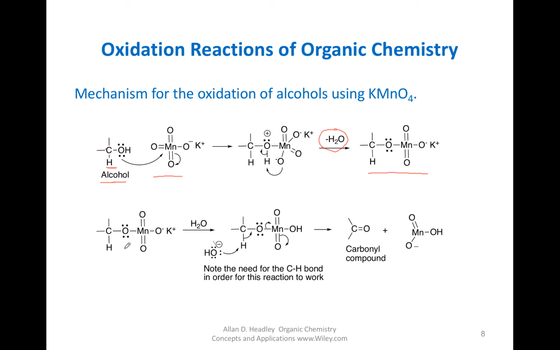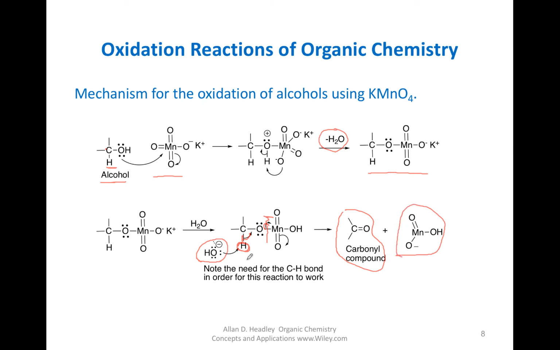Equally important here for this reaction to occur is that this base that's present abstracts this hydrogen, just the hydrogen without its electrons, and then these electrons here, as you can see, they swing in and these electrons go out onto the manganese, breaking this bond here to form the carbonyl compound here, and of course here is the other inorganic product.